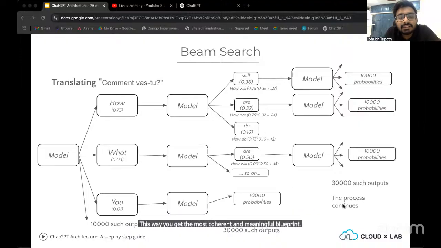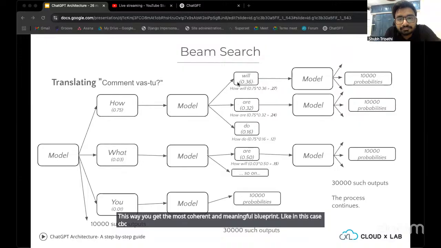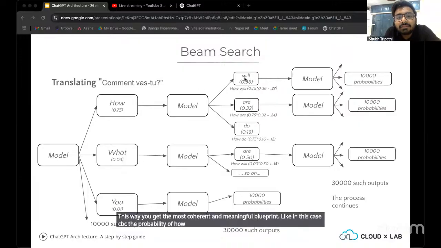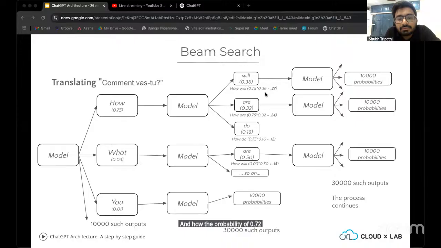In this case, the probability of "how will" is 0.75, the probability of "how," times the probability of "will," which is 0.36, which comes to 0.27. The probability of "how are" is 0.75 times 0.32, so "are" has a probability of 0.32 and "how" has 0.75, which comes to 0.24, and so on.